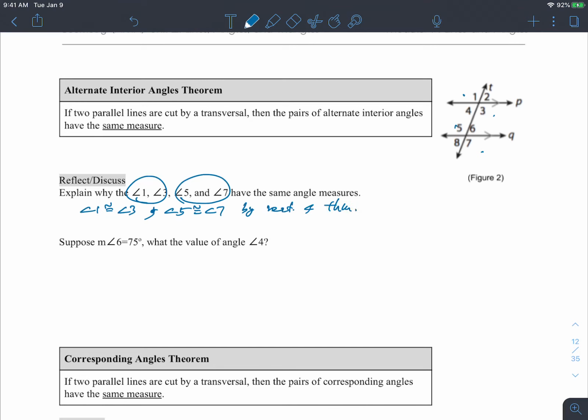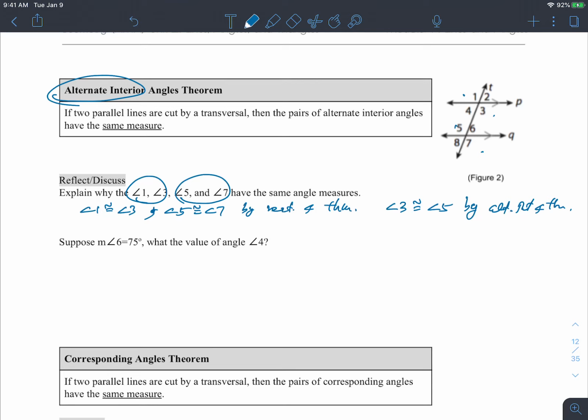But we know that according to what we just learned, alternate interior angle, measure 3 is congruent to measure of 5 by alternate interior angle theorem. If these two are the same, then 1 and 7 is the same, isn't it? Because of that, they all have to be equal to each other, right?